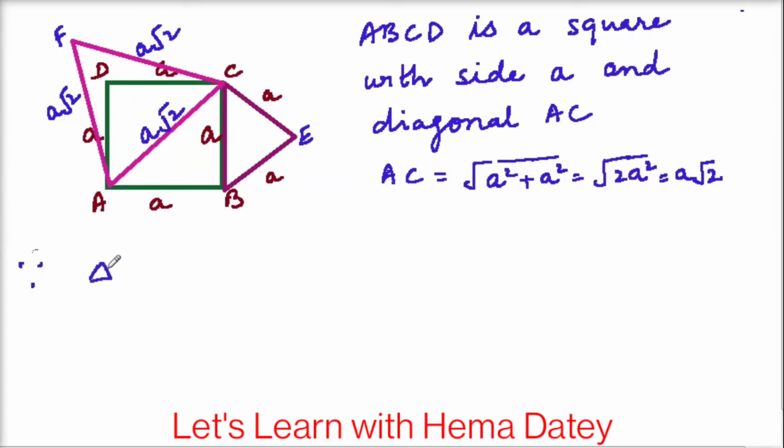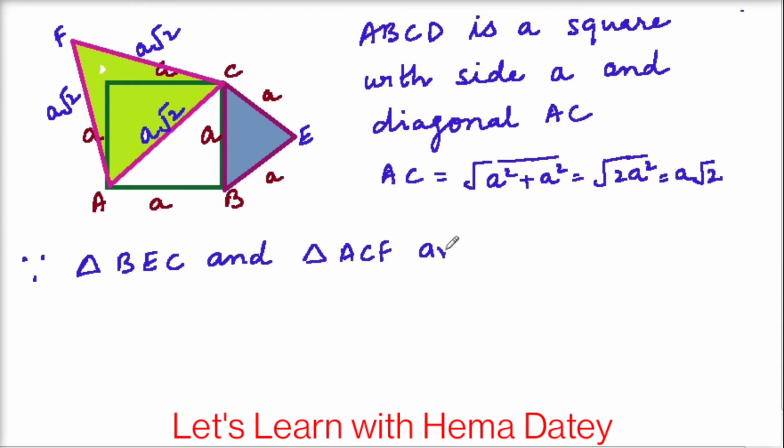Now we are talking about this triangle BEC and this triangle, which is ACF. Both triangles are equilateral triangles, so all their angles will be equal.